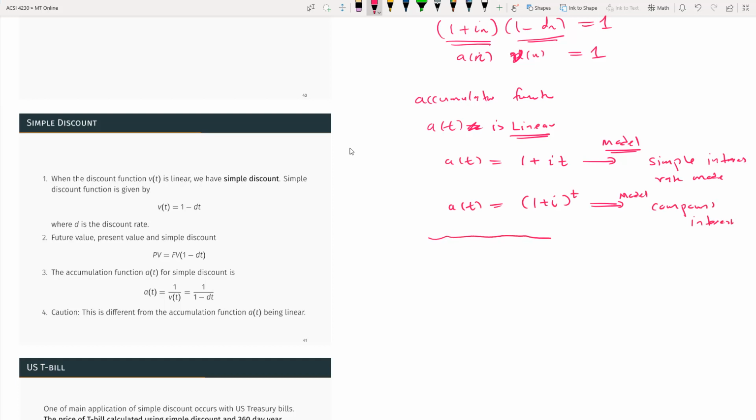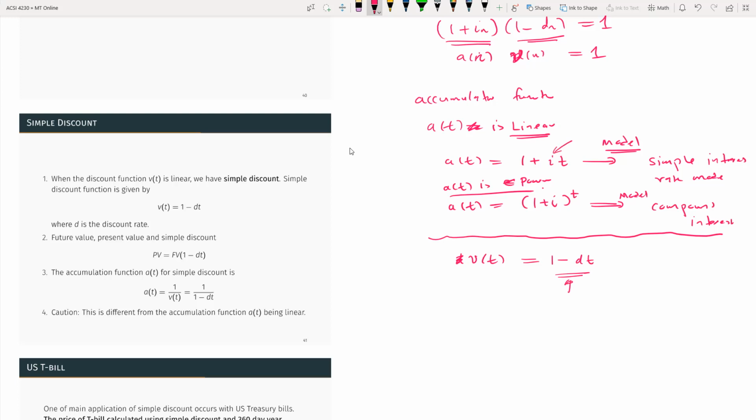Now the same way you can define the discount function. Basically Vt. So let's say Vt is linear. So Vt equals 1 minus dt. Basically this is saying linear.